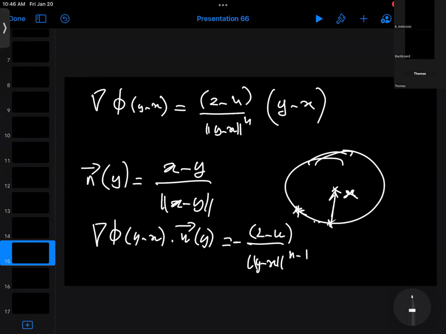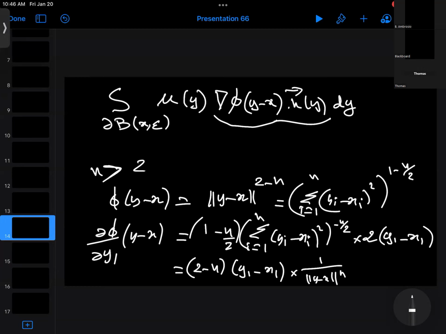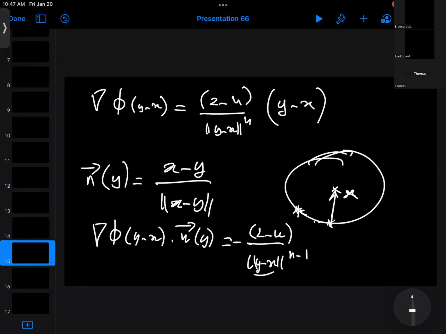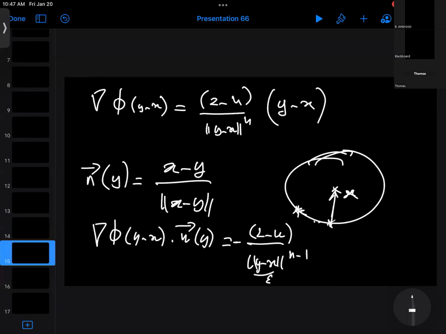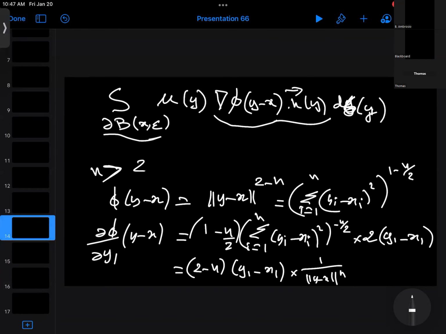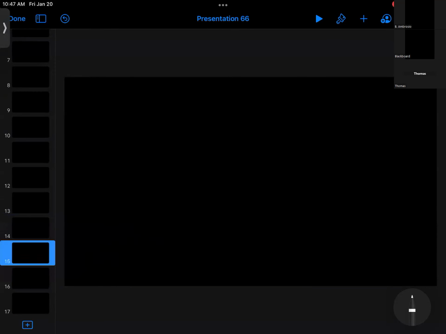All right, but remember that this integral here is on the boundary. So here, actually, this is nothing but epsilon. So finally, this is not dy but d sigma y, because it's not the Lebesgue measure, it's the Lebesgue measure on the boundary. And here, I just proved that this is minus 2 minus n divided by epsilon to the n minus 1.